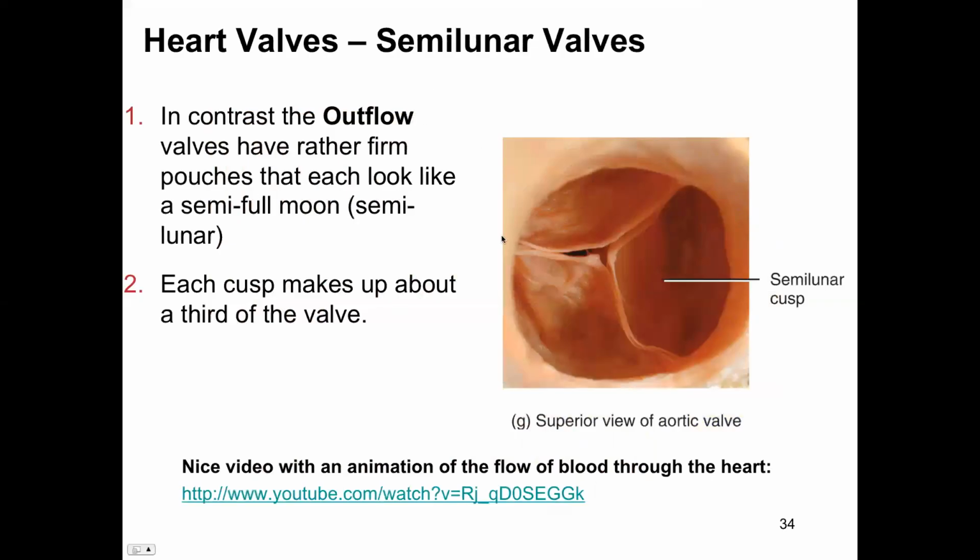So the filling up of these things with blood, as the blood tends to want to flow back into the ventricles, that keeps these guys closed. So we don't need chordae tendineae and we don't need papillary muscles, okay? And there's about 3 cusps per valve, so these close up, all right? And then when these close up, they fill up with blood. The elastic artery, when it bounces back, is then going to push the blood out to the body, all right?